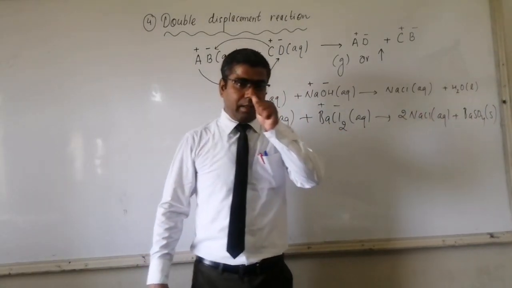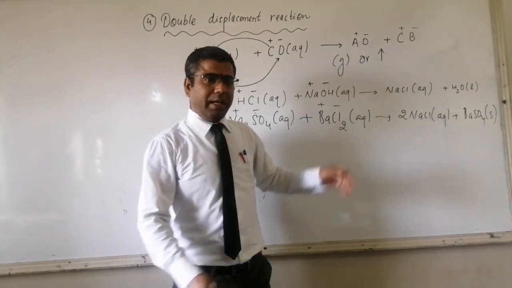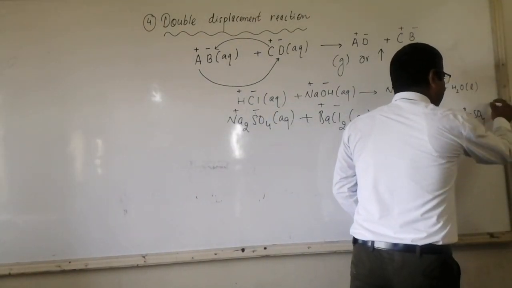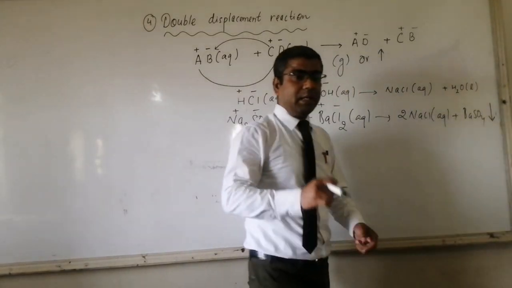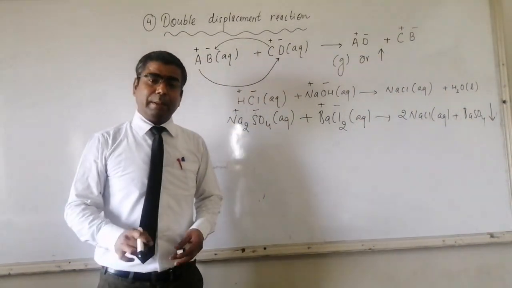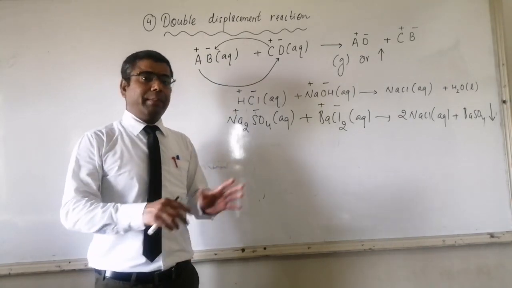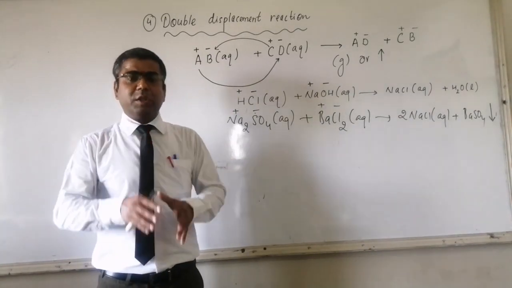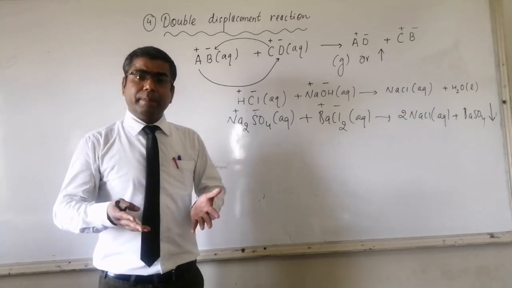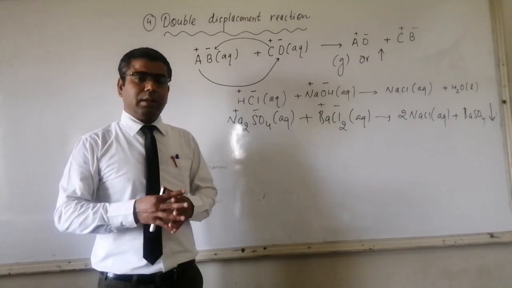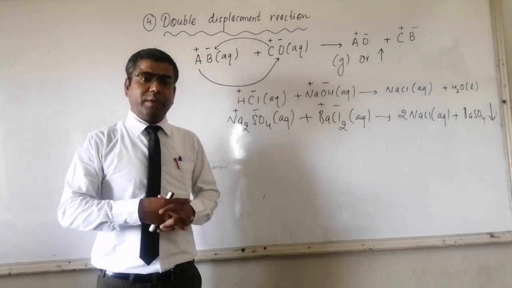Similarly, barium sulfate here is a solid, so I have written solid, or I can also represent it in this way, that is your down arrow means it is your precipitate. So in this manner a complete chemical equation is written, meaning we have to specify the physical state of the compound also. So that's all in double displacement reaction.